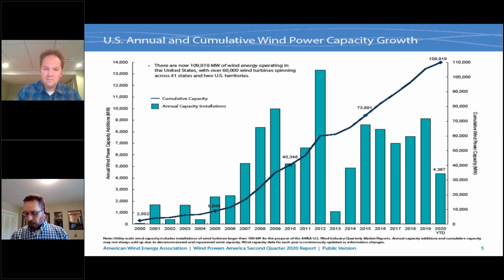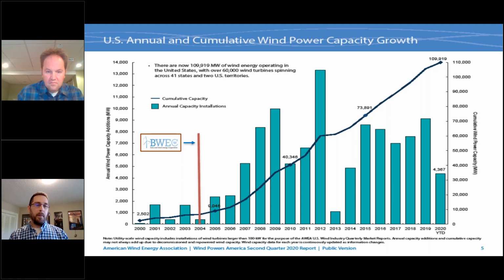And although bat fatalities were reported around the world at wind energy facilities, it really didn't become much of a concern until about 2004, when a site in the Appalachian forested range of the mid-Atlantic estimated thousands of bat fatalities in one fall season.